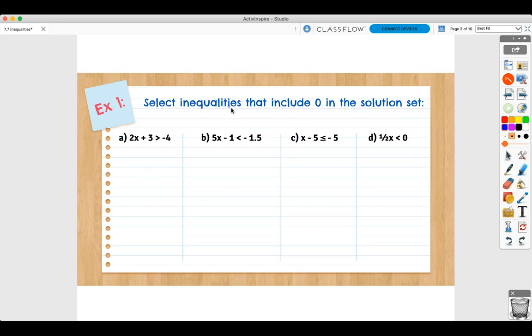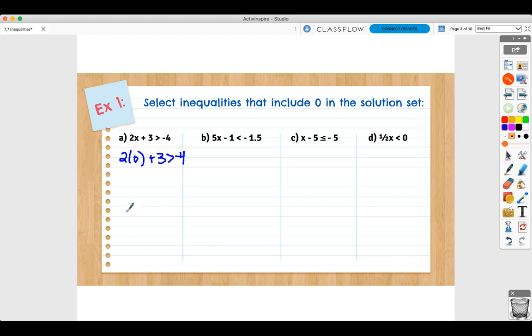All right, select the inequalities that include 0 in the solution set. What that means is you're checking to see if 0 will create a true statement at the end. So you're going to substitute 0 in for x. You'll have 2 times 0 plus 3 is greater than -4.